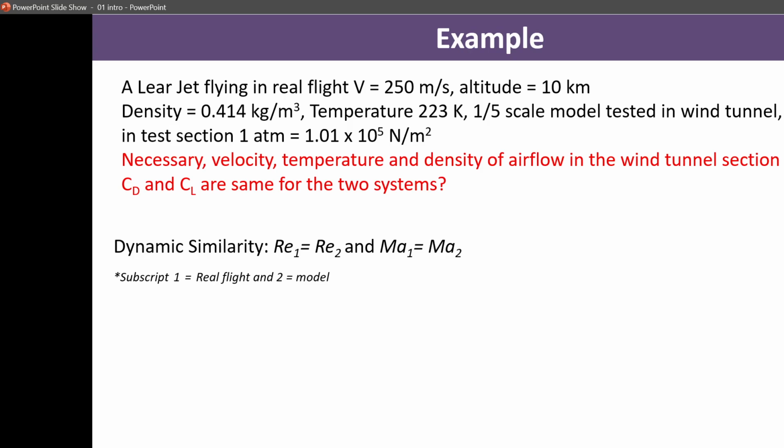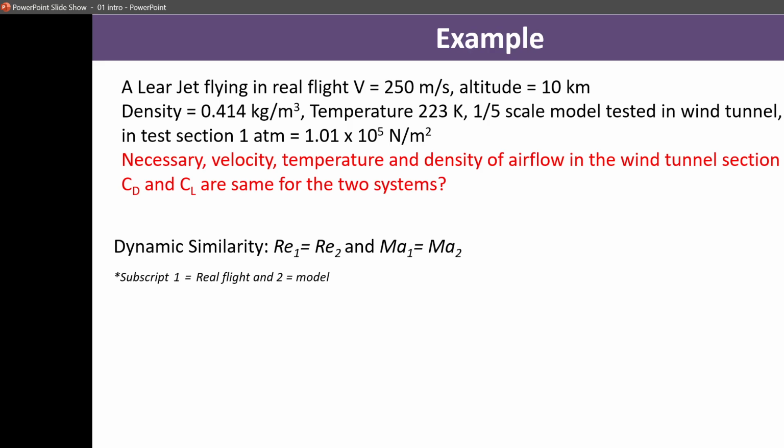Do we know how to start the problem? Have to set the two Reynolds numbers and the Mach numbers equal to each other. What is the equation for the Reynolds number?